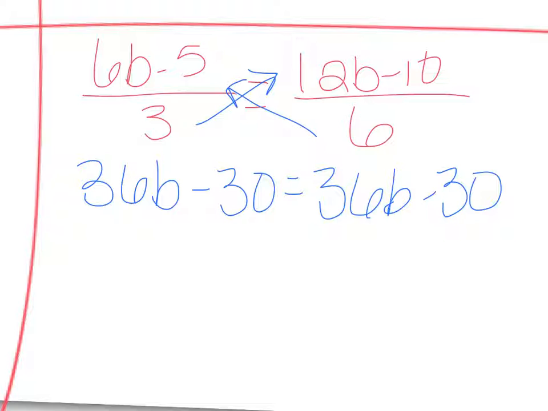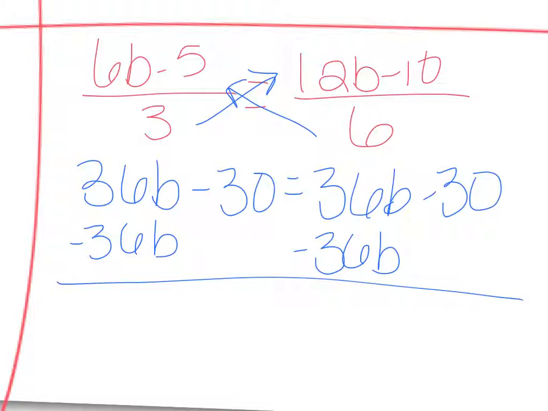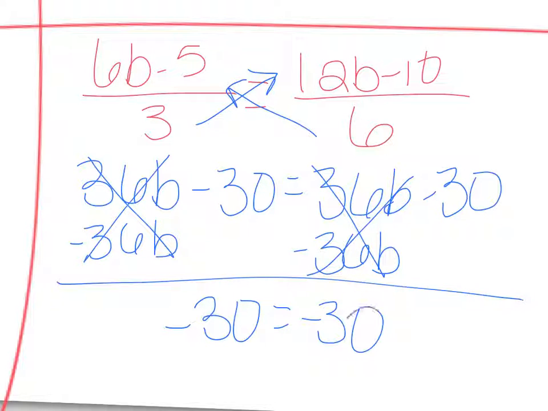I have variables on both sides of the equal sign, so if I subtract 36b from both sides, what happens? You end up with negative 30 equals negative 30. What does that tell you? It's all real numbers. You can plug any number in the entire world into that proportion, and it's going to work.